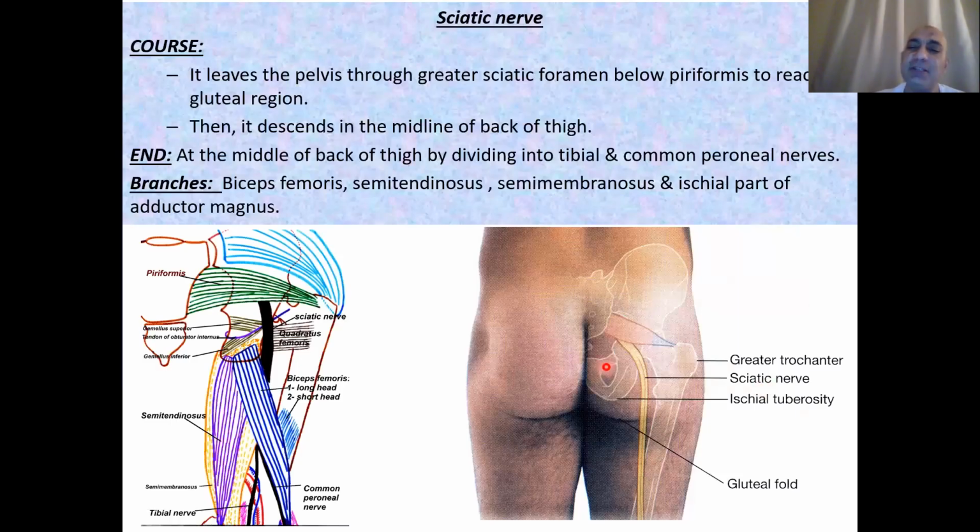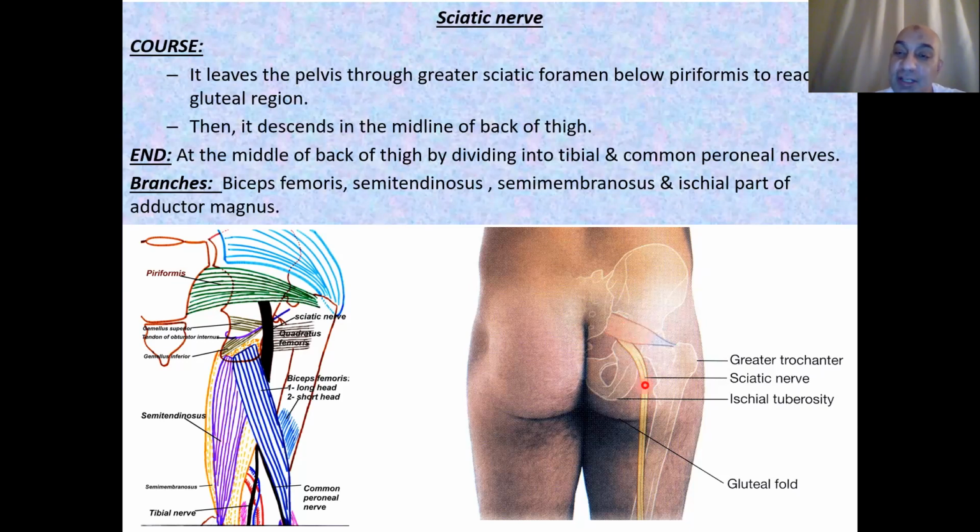Simply speaking, the sciatic nerve leaves the pelvis through the foramen called the greater sciatic foramen, below the muscle called the piriformis.